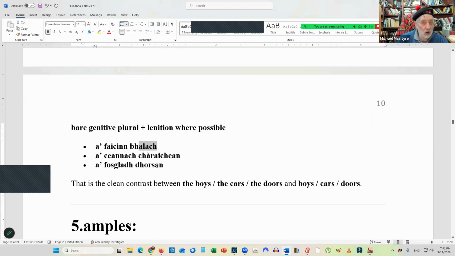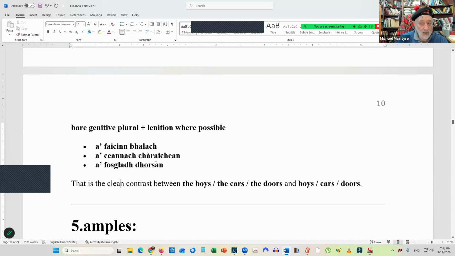Remember the genitive plural for the nouns that don't take the -an is just the singular. And if they do take the -an, the genitive plural would be the -an form. So accountic hurricane and lenition where possible. If the word can't be lenited, then it can't be lenited, so don't worry about it. So a foslich gorson.